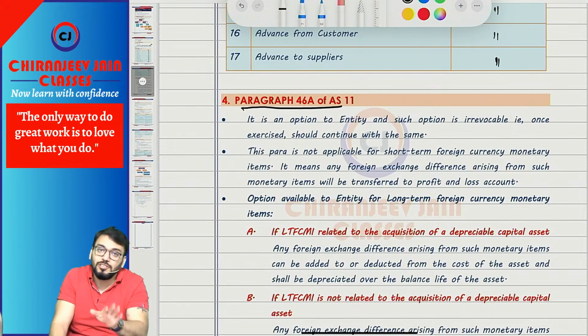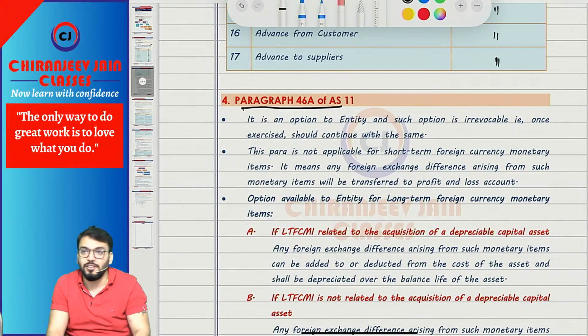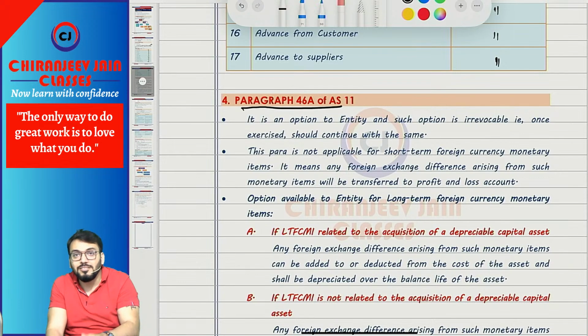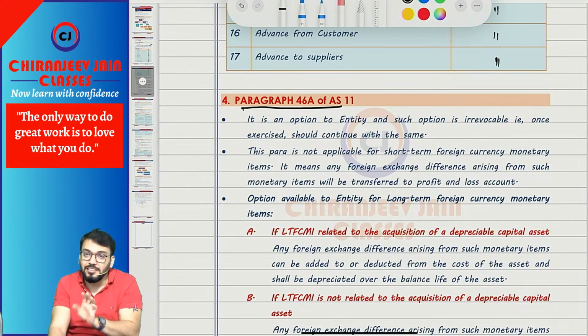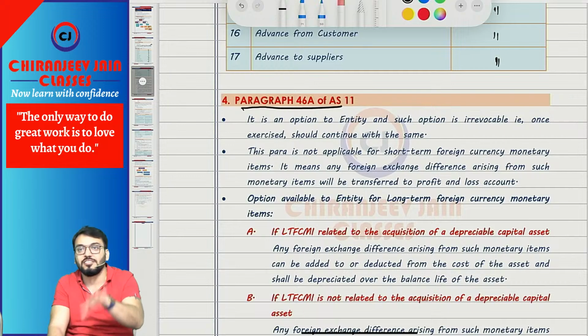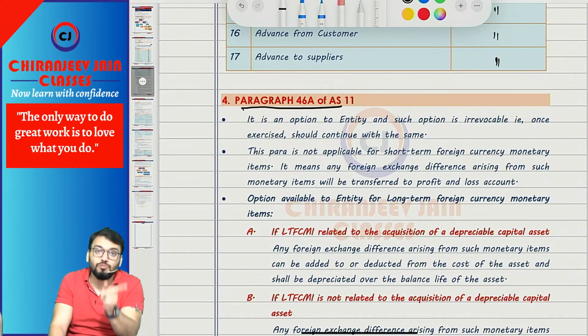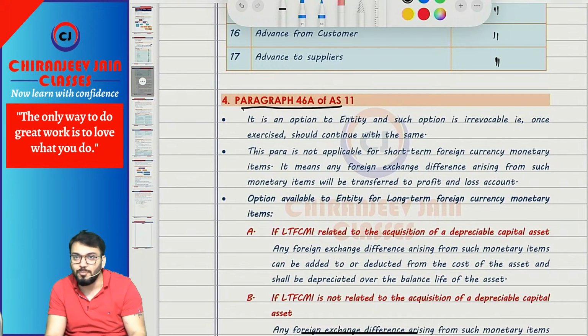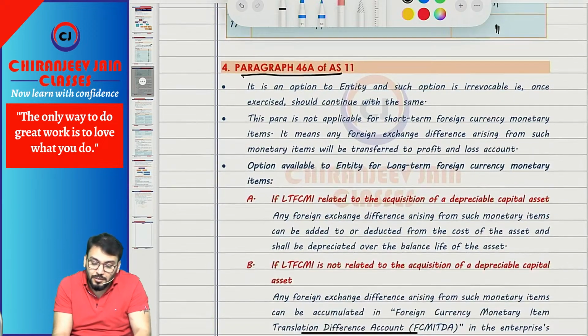If they do not opt, then all exchange differences will be transferred to the profit and loss account. But if they opt, then the exchange difference may be capitalized, and this option is irrevocable. Once exercised, it needs to be followed forever, and they cannot switch to another option. Understood this point? Correct.